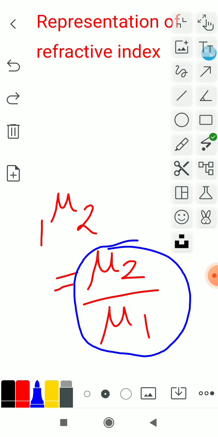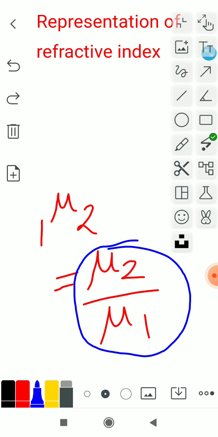Mu 2 by mu 1 is the refractive index of medium 2 with respect to medium 1. I am repeating it again: 1 mu 2 represents mu 2 by mu 1, the refractive index of medium 2 with respect to medium 1.